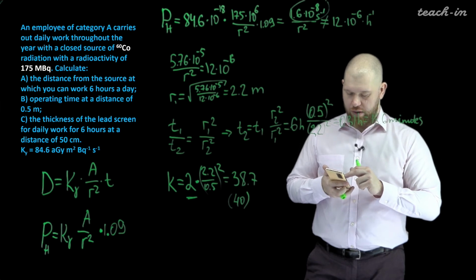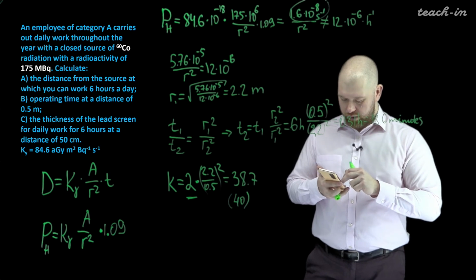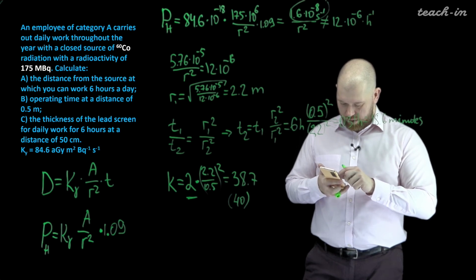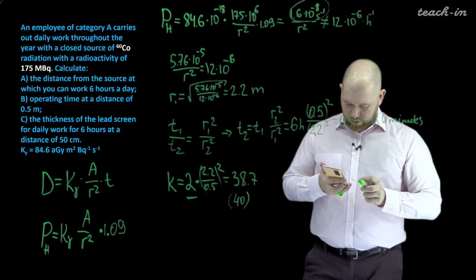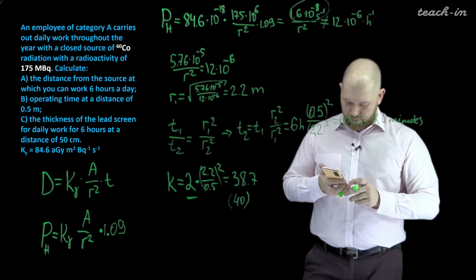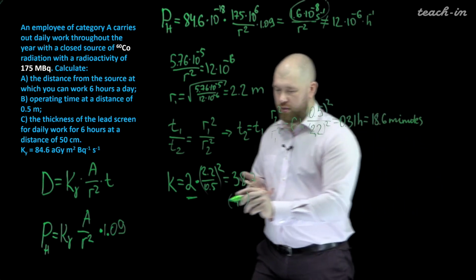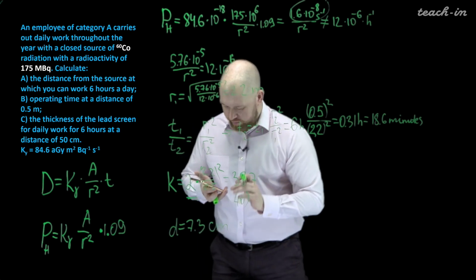Yeah, 1,333 kiloelectron volts, and we will look for this energy in our table, and we will find that it will be equal to roughly 7.3 centimeters.